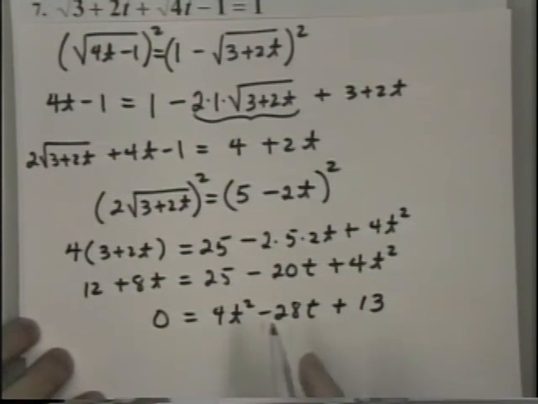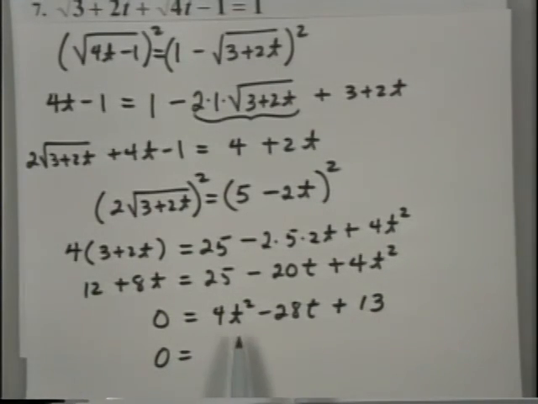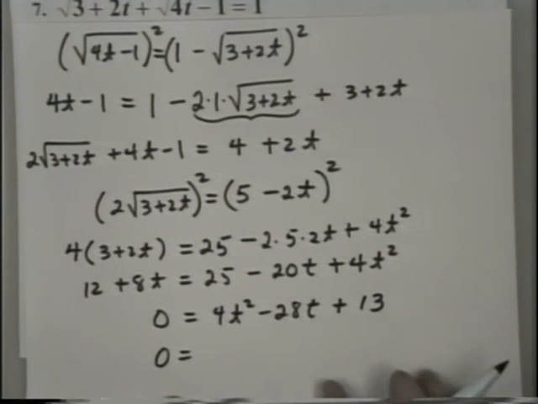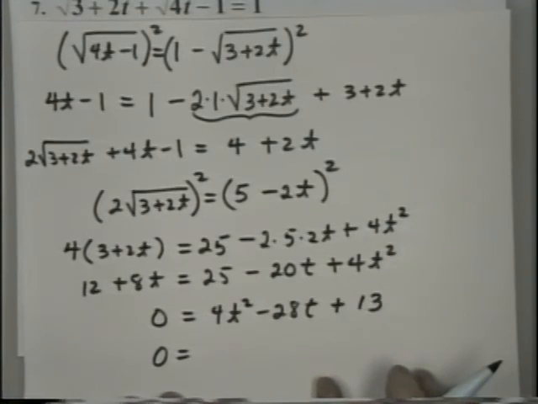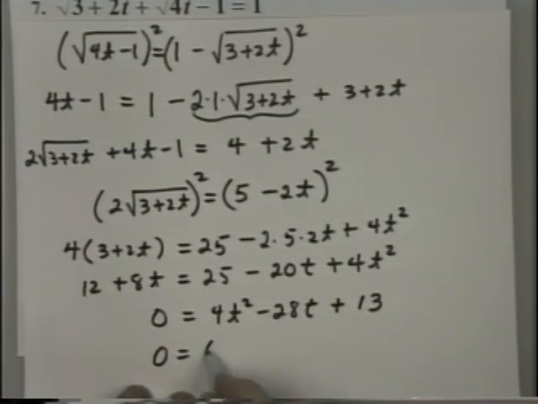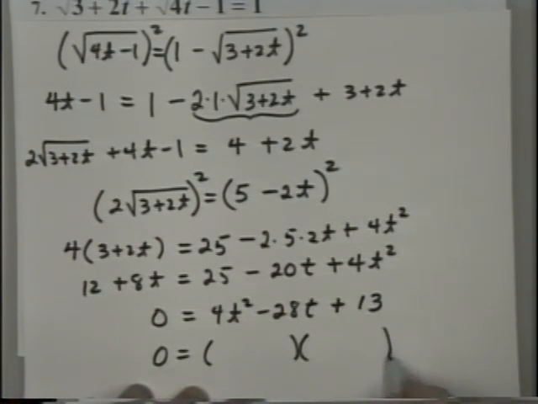And now we hope that it factors. I think you'll find in most of your exercises that when you get to a quadratic right here, if it doesn't factor, I'd be quite skeptical about what's happened. It's kind of a place to check yourself. All right, so I feel like this is going to factor.